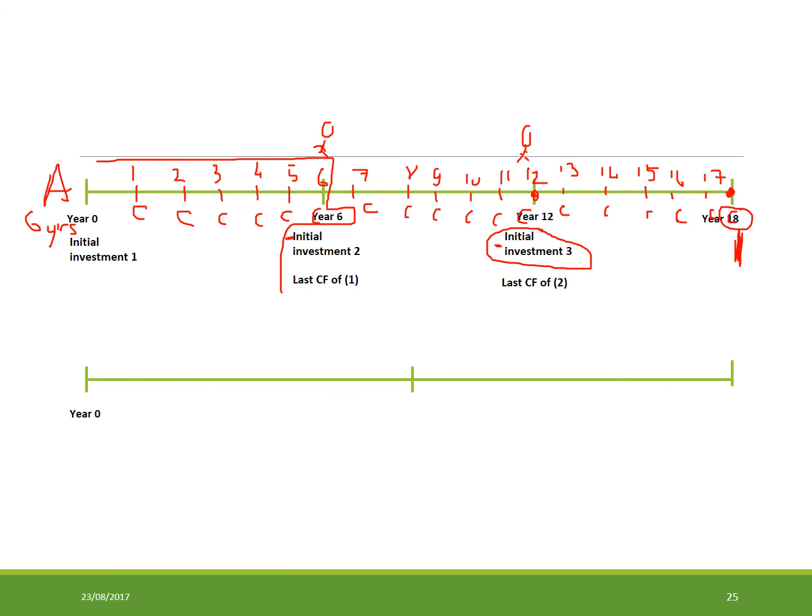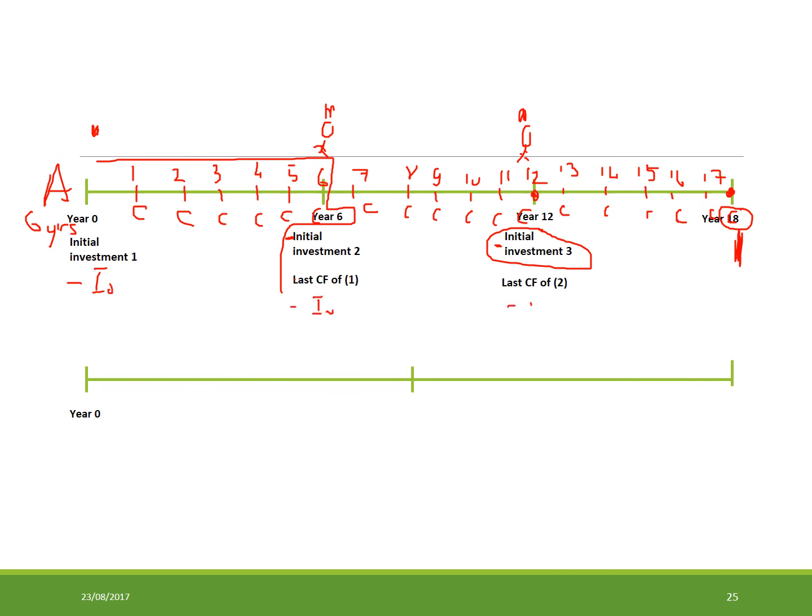Okay. So suppose that we have an annuity to start with. Every year from year 1 to year 18, we will get C. Okay. So the same cash flows every year. And then at each of these points, so year 0, year 6, and year 12, we have a negative cash flow, which is our investment, right?